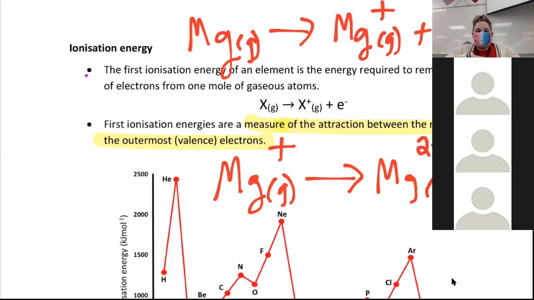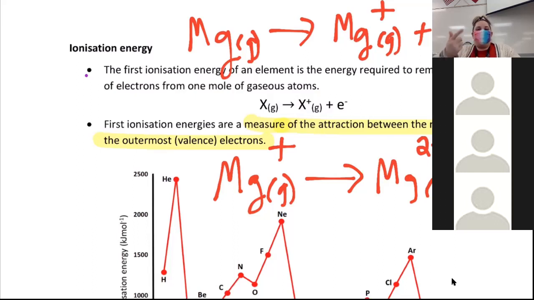Because first ionization energy is the amount of energy required to remove 1 mole of electrons from 1 mole of gaseous atoms, if I have an atom with a stronger attraction to its valence electrons, I'm going to have to put in a lot more energy to take that electron away. If the attraction between the nucleus and the valence electrons is weaker, it's going to require less energy, and I'm going to be able to take it a lot easier.